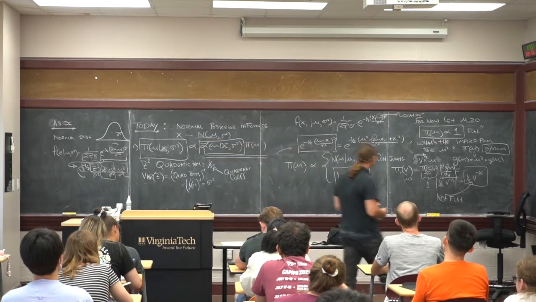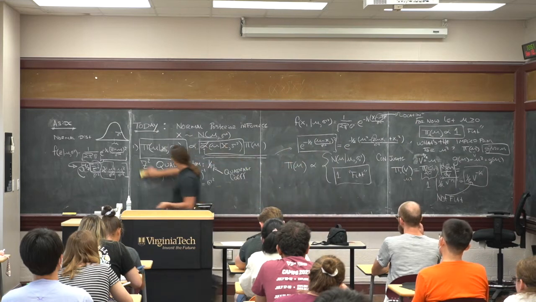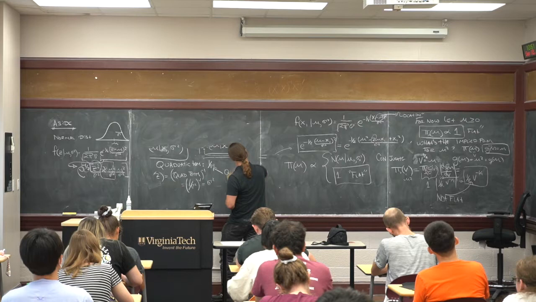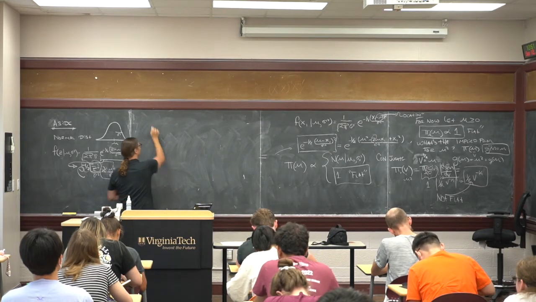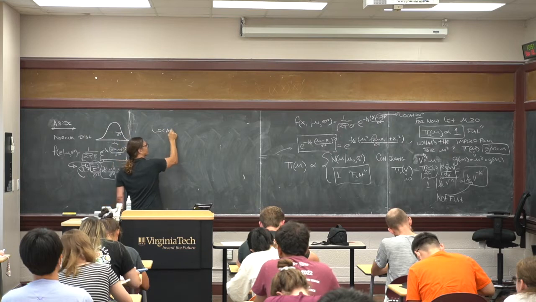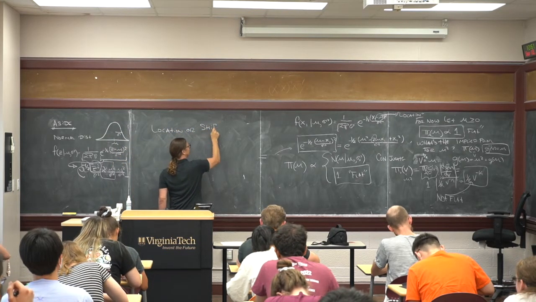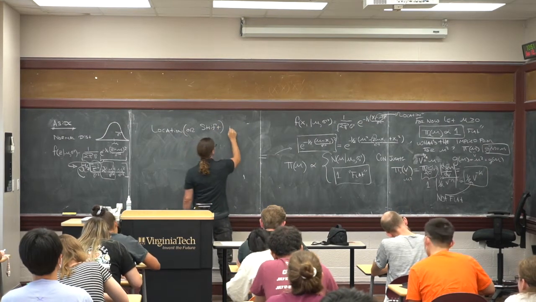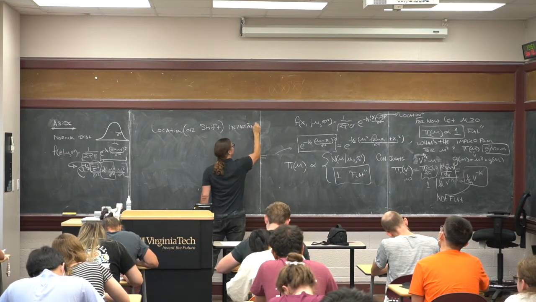So a prior that doesn't inform the location means this: a location, or shift, invariant prior. These are synonyms to me.